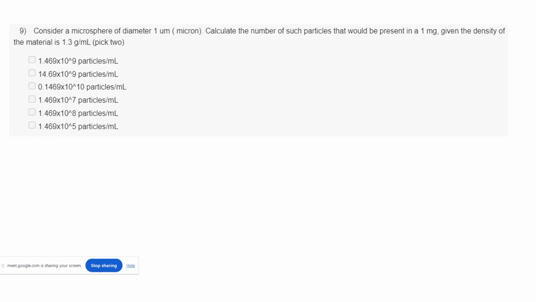First and third, okay. Anybody else? First and third.